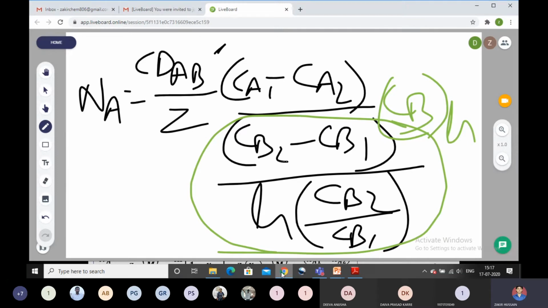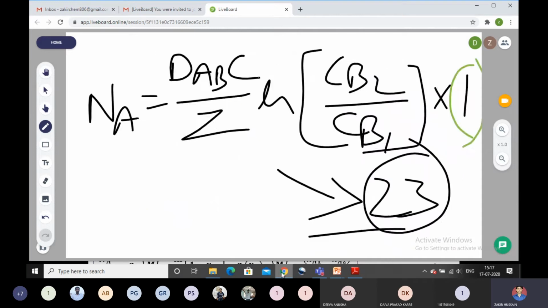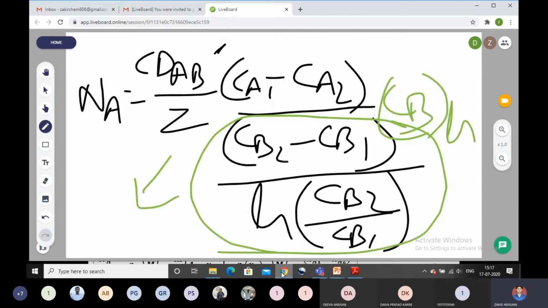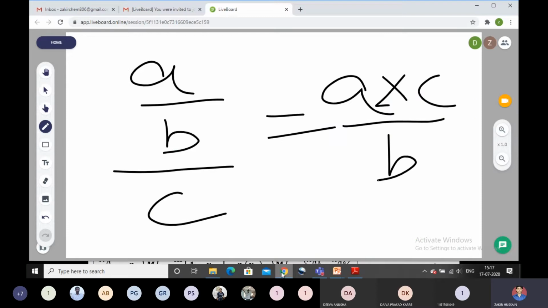This equation we can give as equation number 24. Now in place of this whole quantity, CB2 minus CB1 by ln CB2 by CB1, we can simply write CBln. Now we can write the next one.